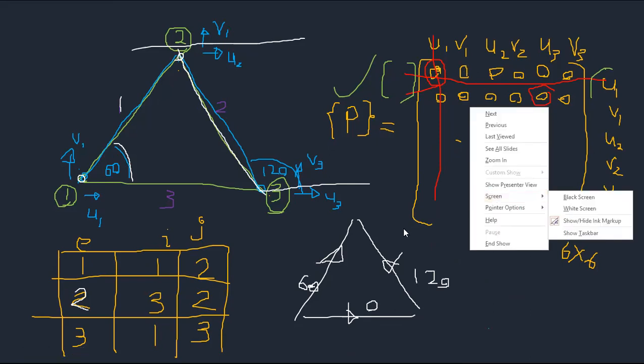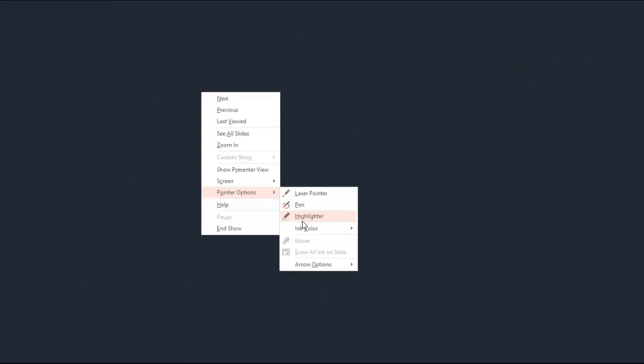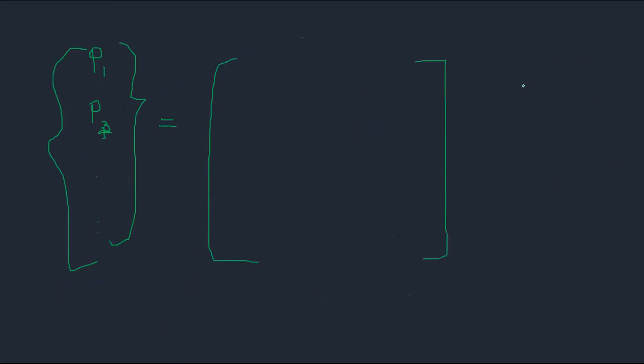I would draw this in a different color. So your final entire global stiffness matrix will look like this: P1, P2, and so on, will be a function of some matrix into U1, U2, U1 V1.